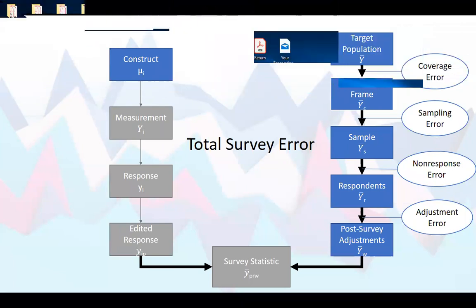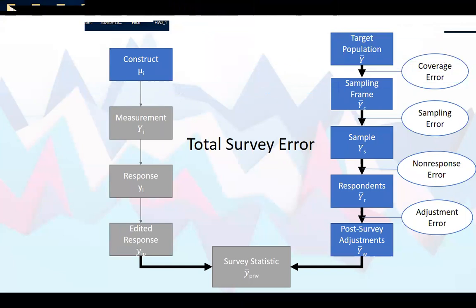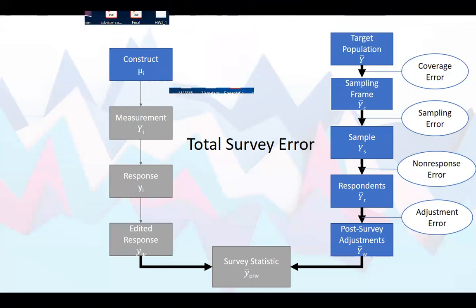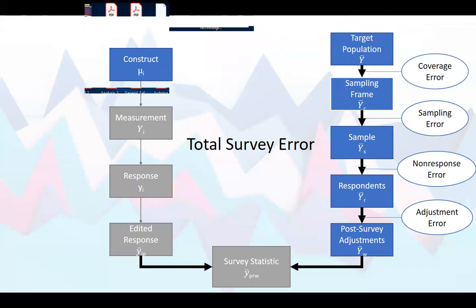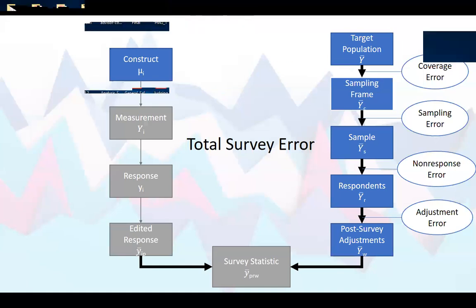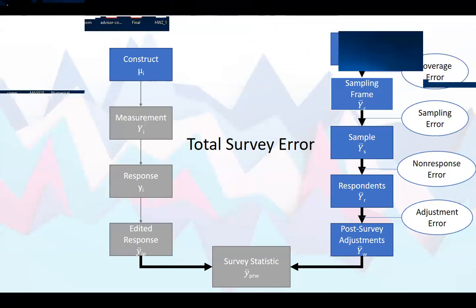So what's going on between the construct and the measurement is the construct is the abstract concept itself, what you hope to capture, which you can describe in words, versus what you actually measure, which is, in many cases in a questionnaire, the specific question that was asked that elicits a specific response from your respondent.